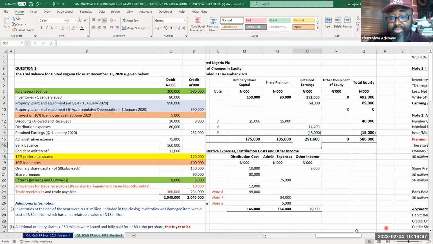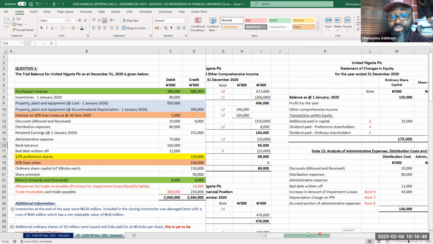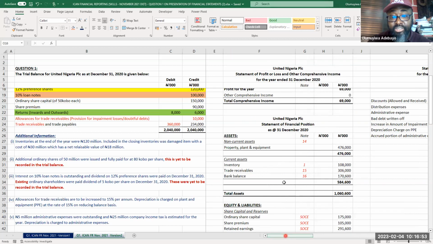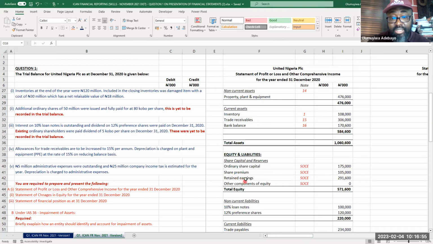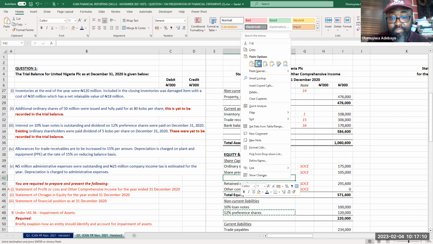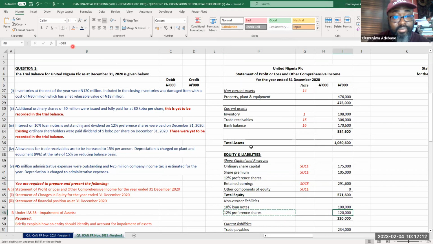Now, if I do that, you see what has happened? And that will flow into my account. Now, my preference shares are no longer a liability. Therefore, I can now have here preference share capital. This preference share, I'll bring it up here. And this, I'll bring it up here.